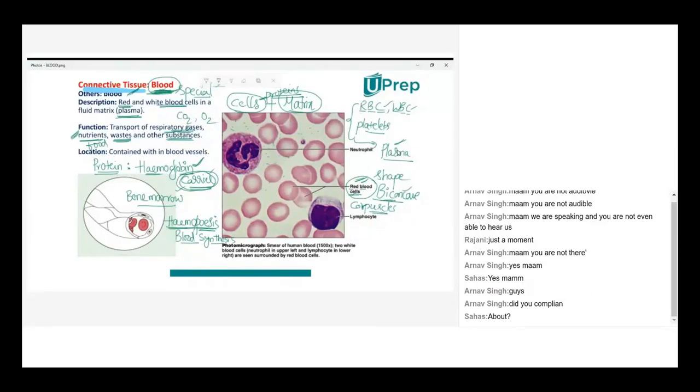We are having different blood cells: red blood cells, white blood cells, blood platelets. So all these blood cells, and even the total blood count, are produced by a structure called bone marrow. So the word hemopoiesis stands for synthesis of blood or production of blood.